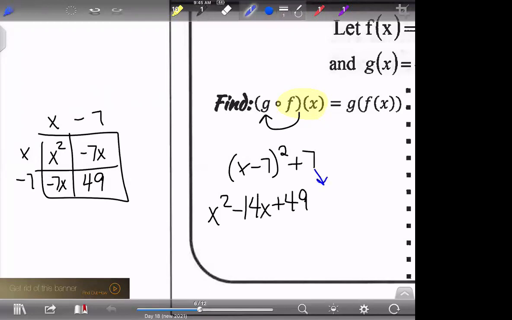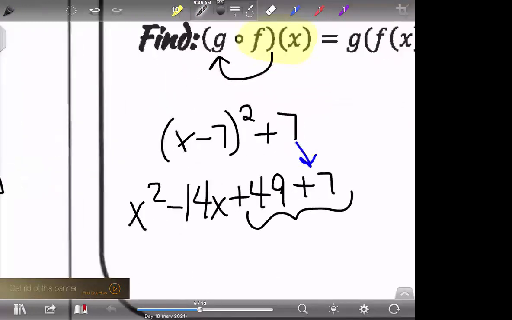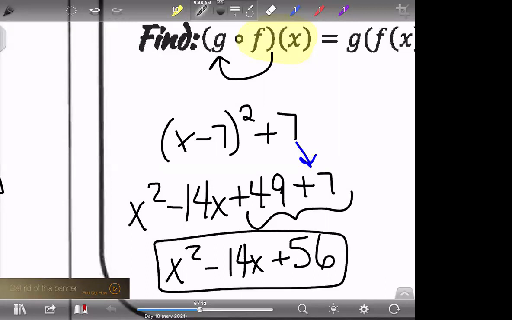Do not forget to bring down this plus 7 that was hanging out at the end. The last thing we need to do here is combine like terms right here to get x squared minus 14x plus 56, final answer.